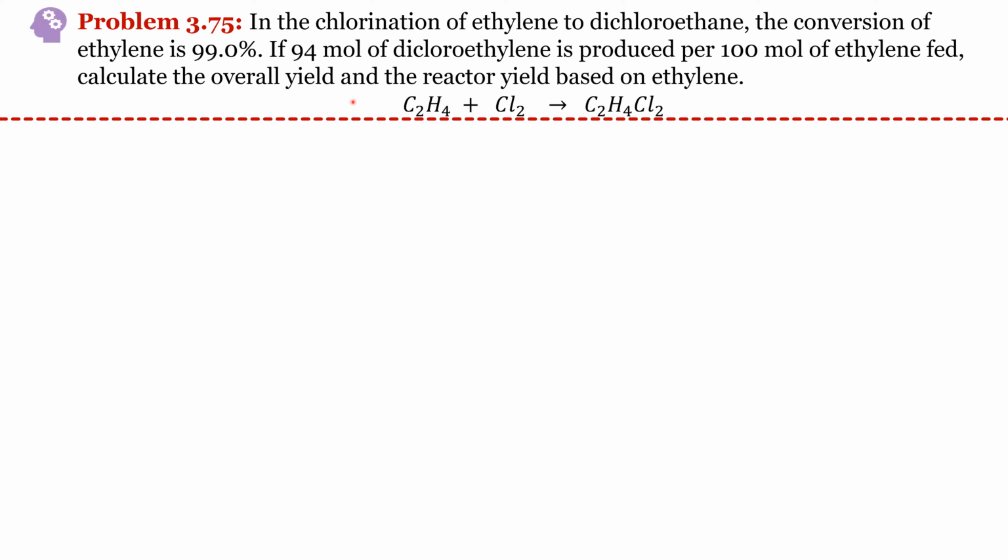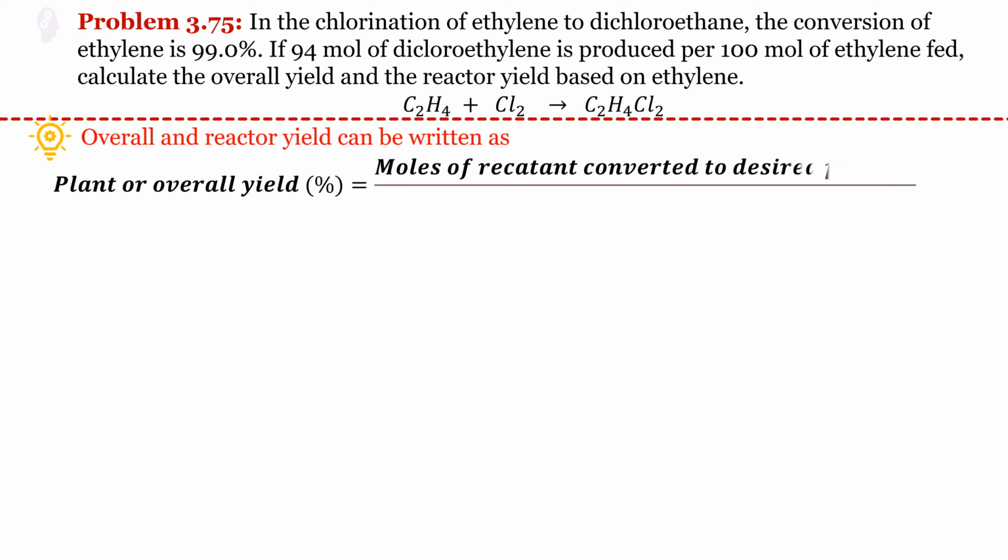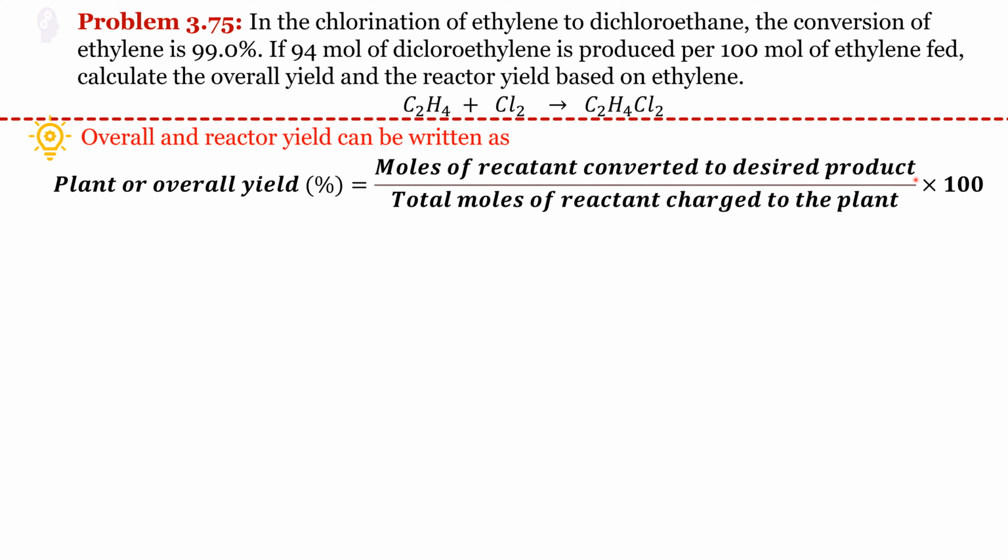Calculate the overall yield and the reactor yield based on ethylene. First we will define the overall yield. Overall yield can be written as moles of reactant converted to the desired product divided by total moles of reactant charged to the plant, into 100.